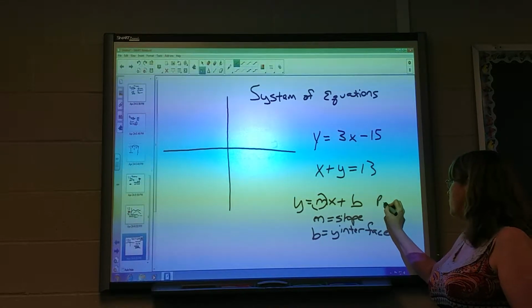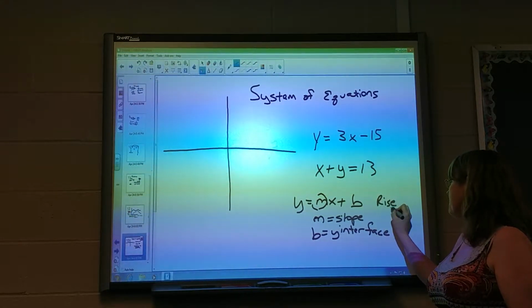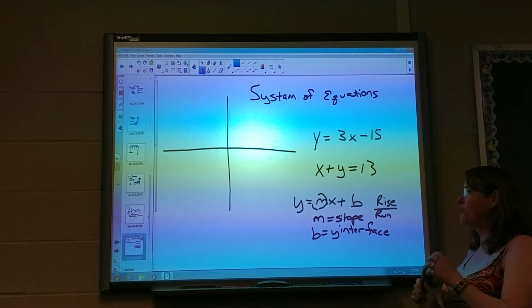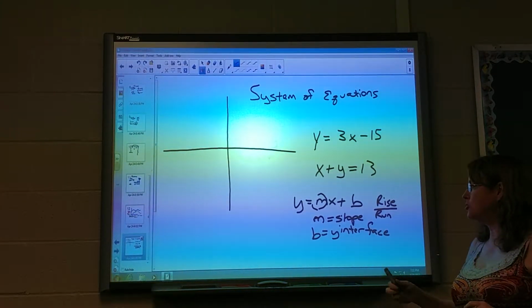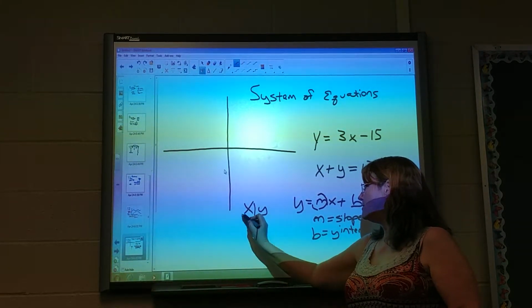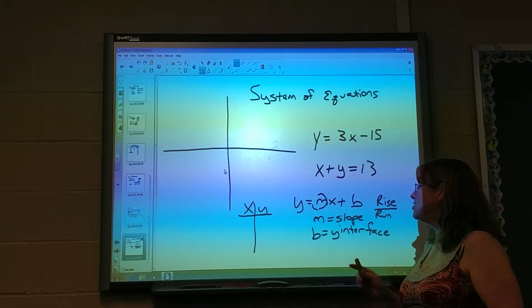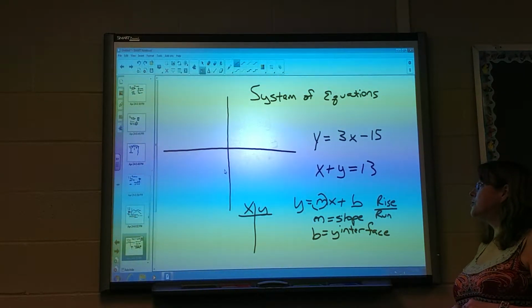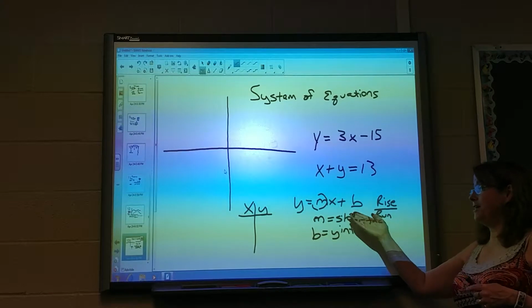Slope is rise over run. If you remember that, it can help you graph it, or you can also do what's called an XY box like this. You can plot some points, plug them in, and get the right answer. So I like to graph with this.